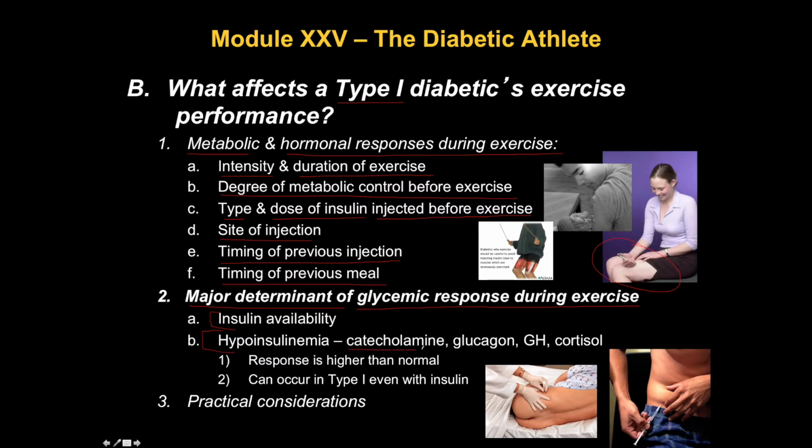So catecholamines, glucagon, growth hormone, cortisol, all of these are breakdown hormones. They're going to promote glycogenolysis. So you actually may get a higher response as far as glucose concentrations in the blood are concerned with hypoinsulinemia. And this can occur in a type 1 even with insulin present.